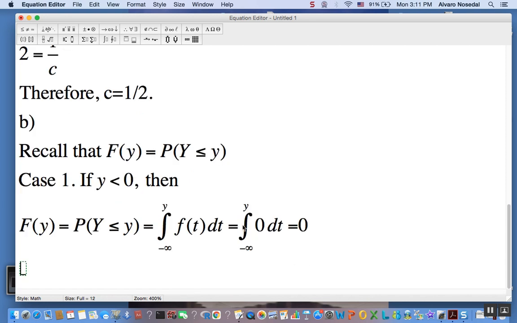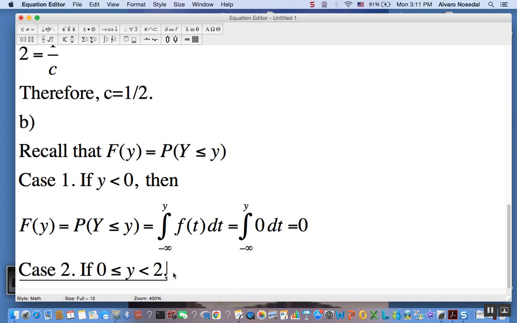Here we go. Case number 2. Now we have a number that lives between 0, greater or equal, and less than 2. So y is a number that is greater or equal to 0 and less than 2.